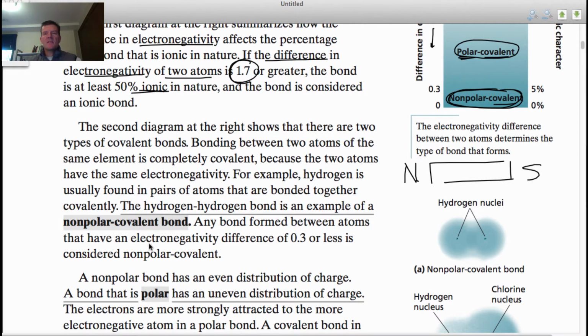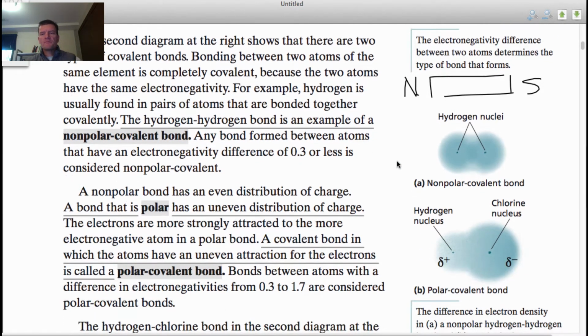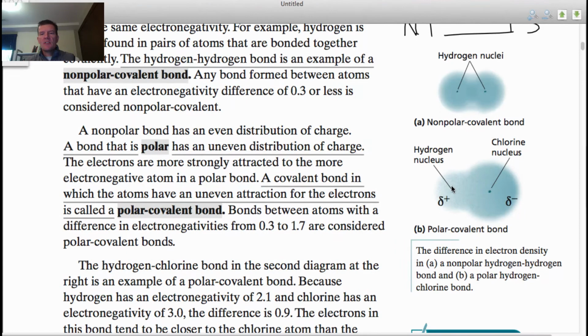So when we say something is polar covalent, what that means is that you have two atoms whose electronegativities are close, but they're still different. And so as a result, the electrons are going to be pulled a little bit more to one side, even though they're sharing between these two atoms.